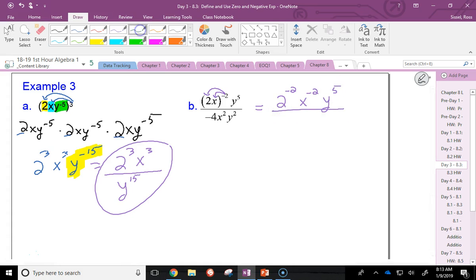Okay, I'm going to switch colors just to look at this. Now I'd look under here. Negative 4, x to the 2nd, y to the 2nd. Me personally, when I go to solve this one, I think the easiest way is go back to the rule.